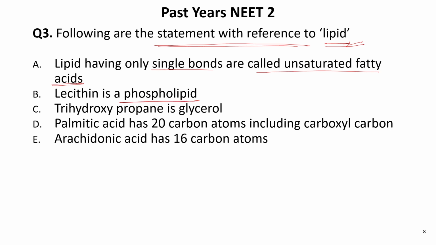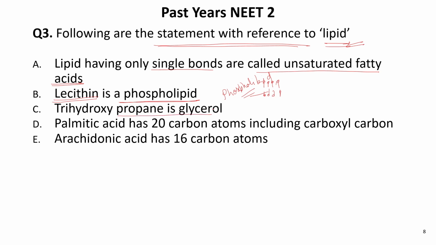So if you remember, the plasma membrane has a type of lipid which is called phospholipid. And an example of this lipid is lecithin. So lecithin is one of the phospholipids.